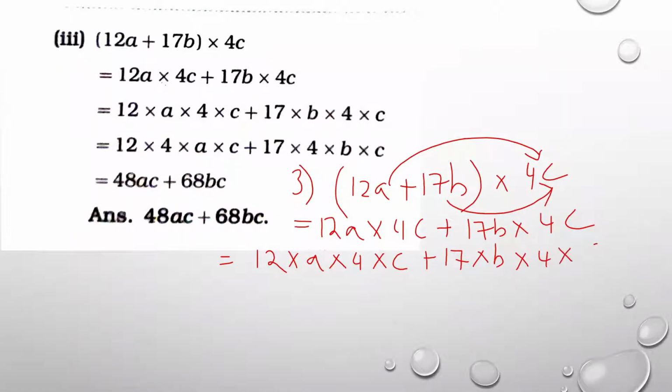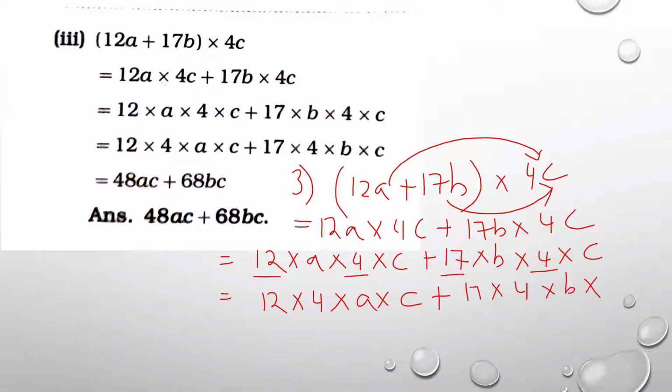Coefficients 12 and 4 you take together, and variables on one side. Now 12 fours are 48ac, plus 17 fours are 68bc. So this is your answer.